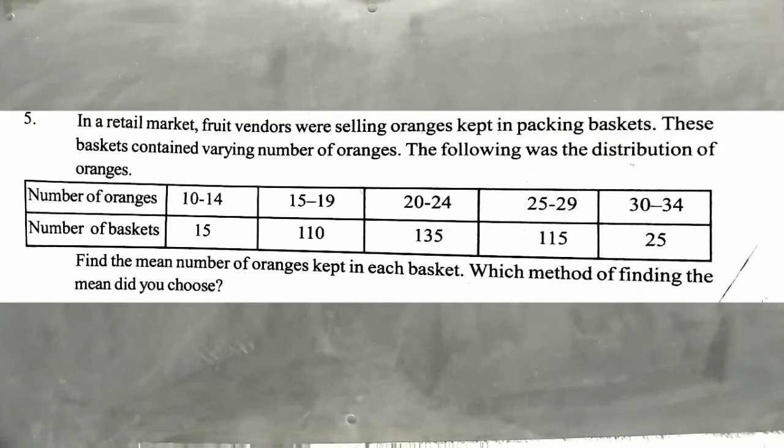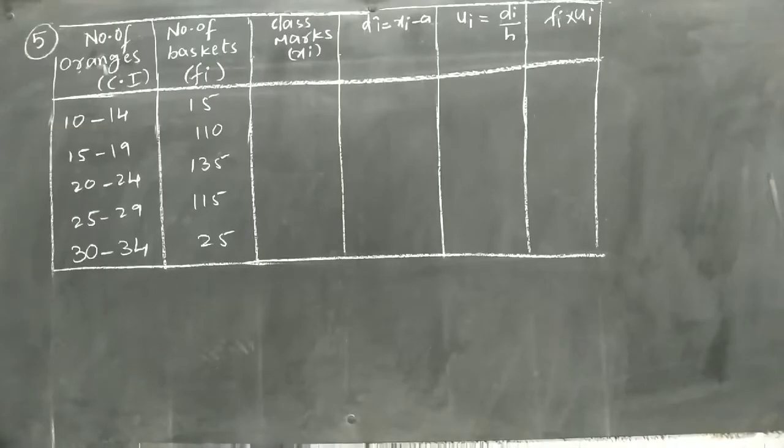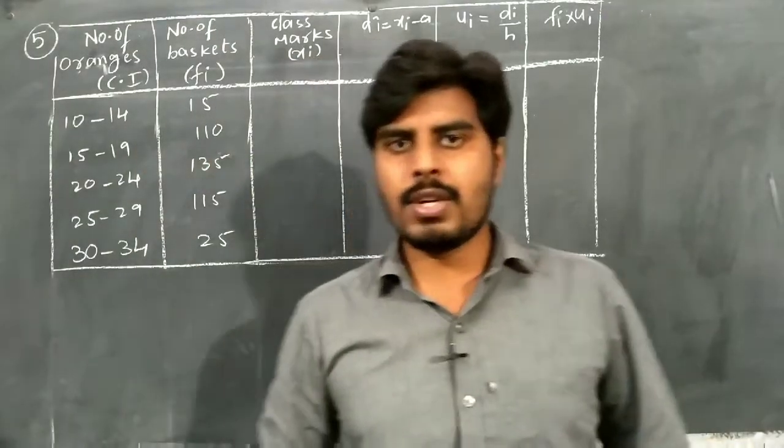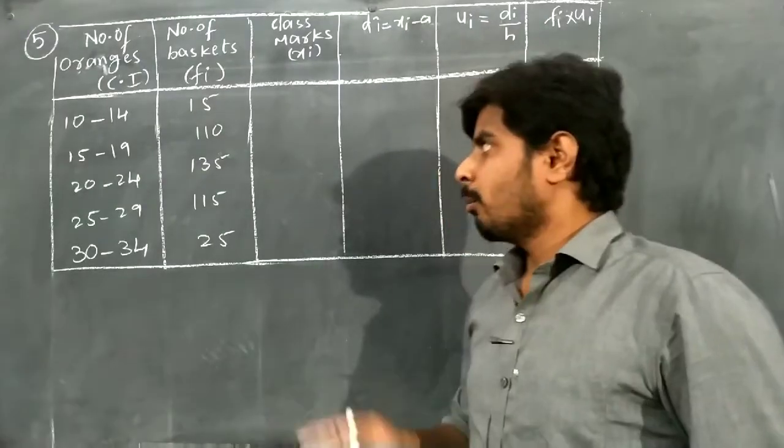So find the mean number of oranges kept in each basket. Which method of finding the mean did you choose? So here we have to find the mean number of oranges. Okay, so we have to choose one method. Here I am going to choose the step deviation method to find the mean number of oranges.